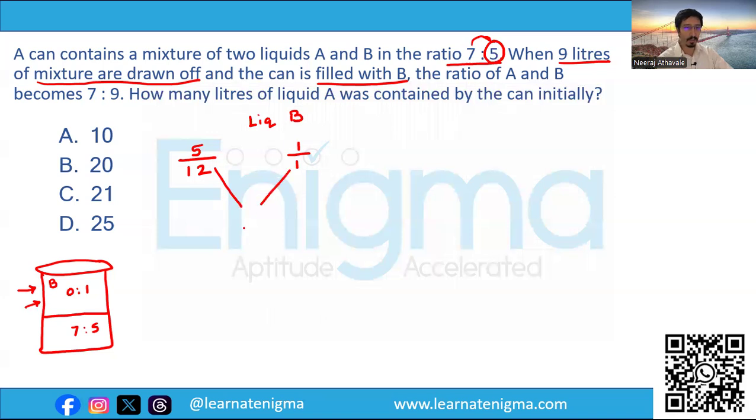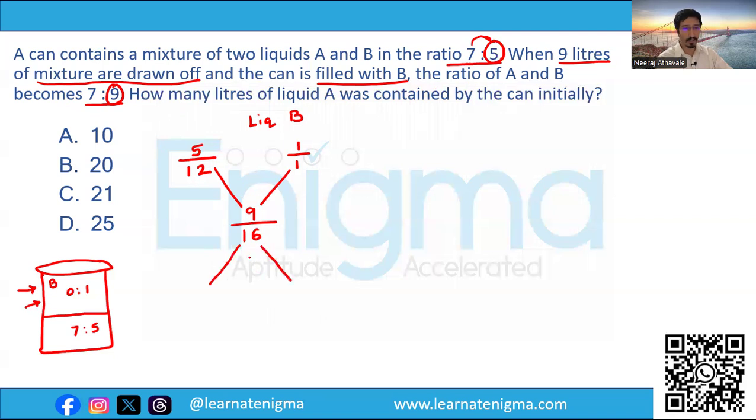Now here, when these two things are mixed, eventually it becomes 7:9. So the B part is 9 upon 7 plus 9, that is 16. So 9 upon 16.